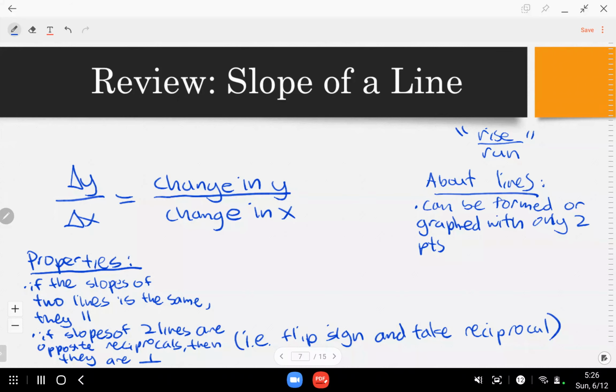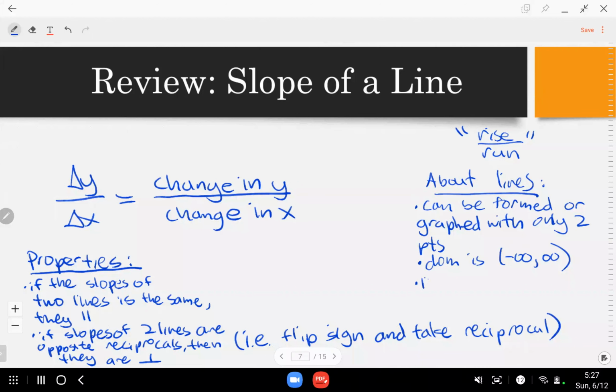All right. And also about lines, the domain is negative infinity to infinity, right? There are no restrictions. If you look at the slope-intercept form, there are no restrictions at all.